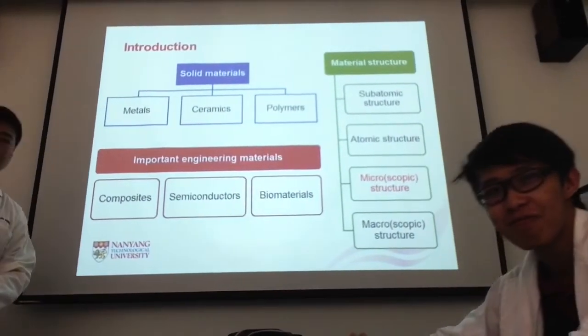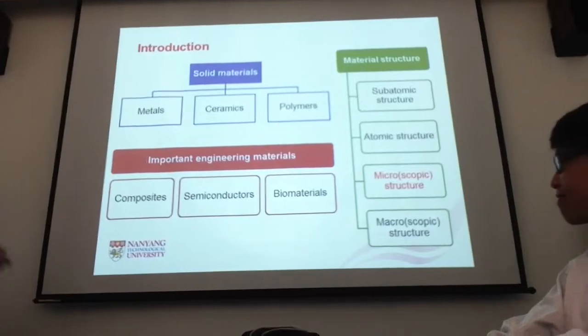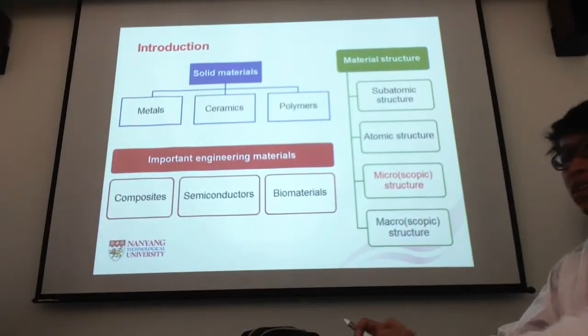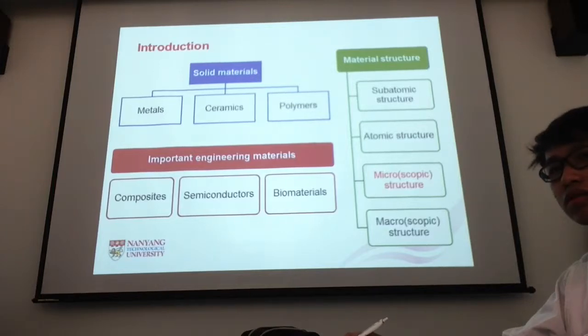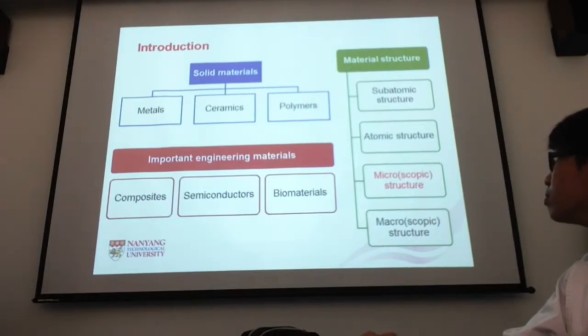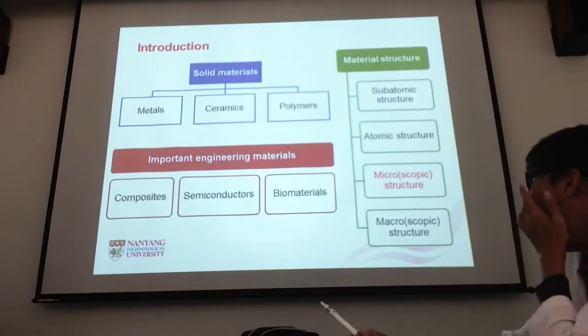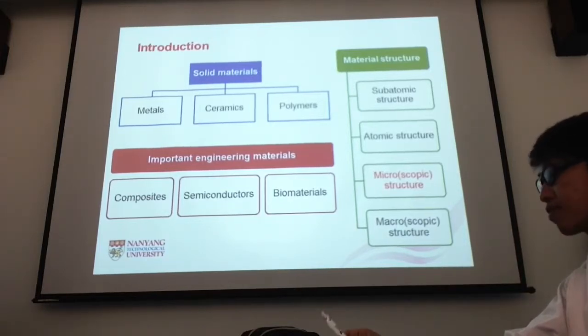So first is the introduction. From the material side, we can divide materials into different types. For the solid materials, there are three types: metals, ceramics, and polymers. Metals consist of pure elements, which have high thermal and electrical conductivity. Ceramics are always oxides, carbides, or nitrides.